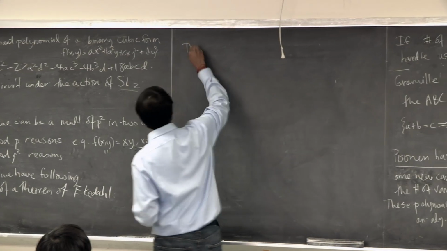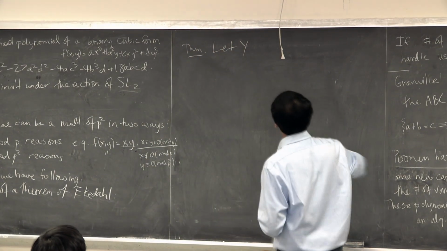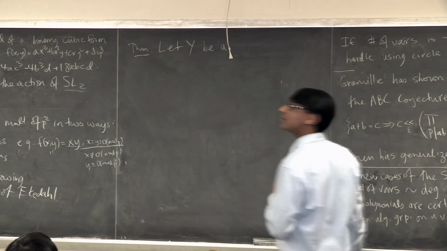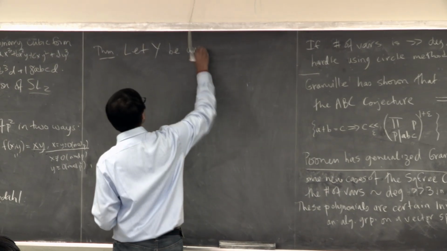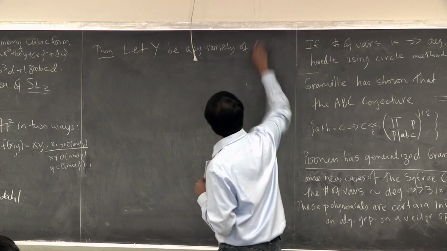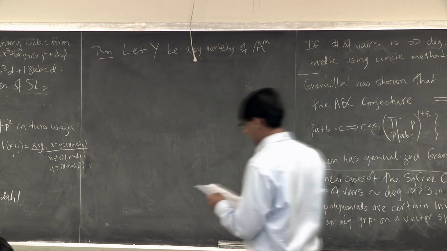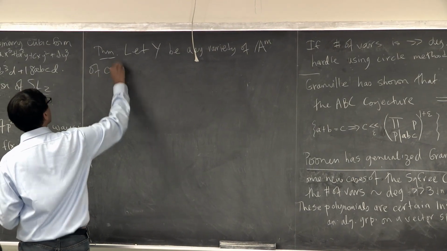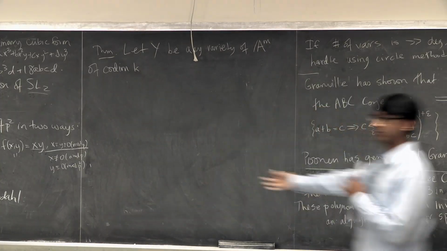So here's the theorem. Let Y be any variety in m-dimensional space of codimension k. So codimension k just means it's basically defined by k equations.